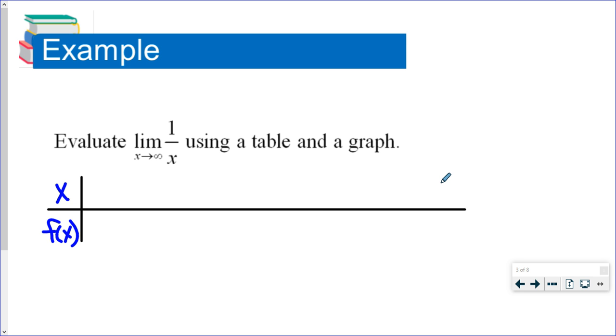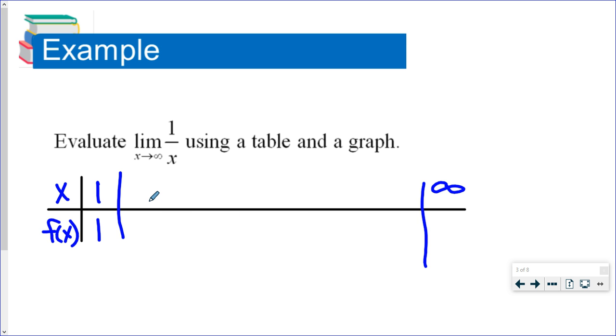So common sense tells us that if we're trying to do a limit as x goes to infinity, that needs to be at the far right. Obviously, if you were doing negative infinity, you would go to the far left. So let's start with some numbers. Let's start really low with 1. If I plug 1 into x there, what do I get? 1, right? 1 over 1 is 1.